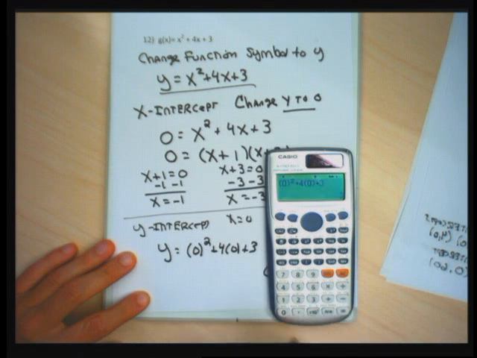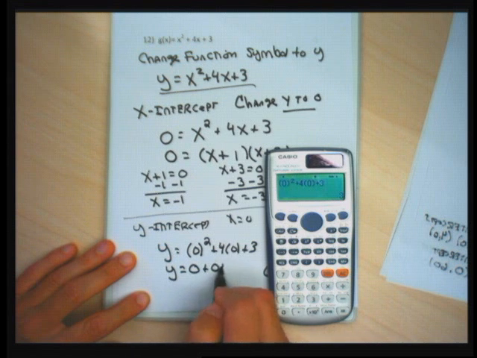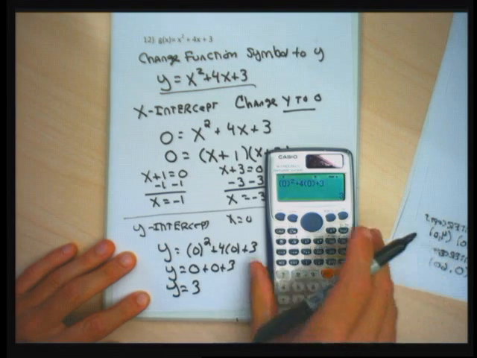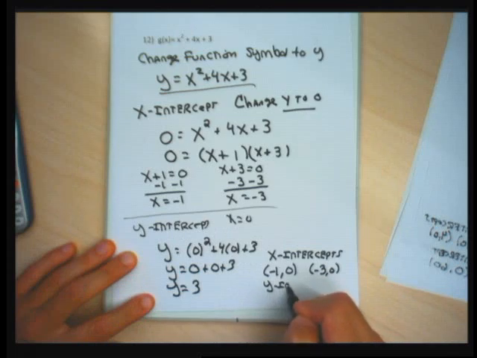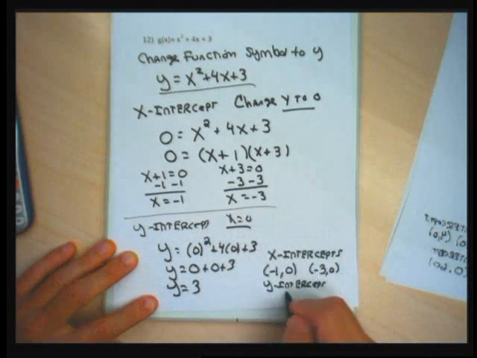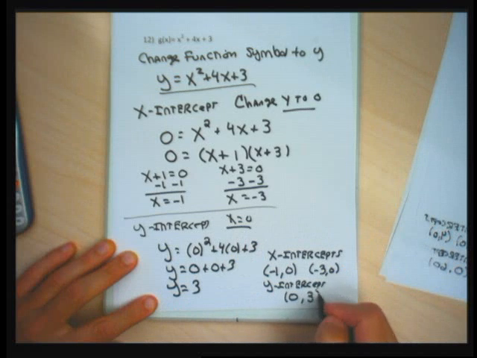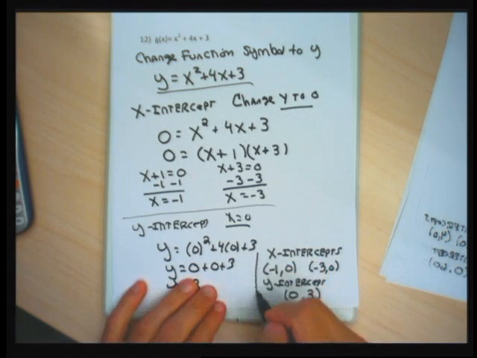And when I do that, I get 3 because this is y equal to 0 plus 0 plus 3, which is 3. So when I go to write my y-intercept down as an answer, it's going to be x equal to 0, y equal to 3. I'm not asked to do any graphing, so I don't have to graph. I just stop once I get the intercept, and that's the answer.